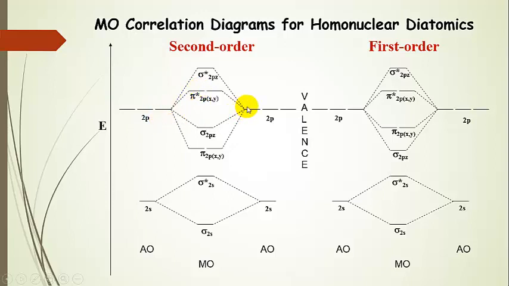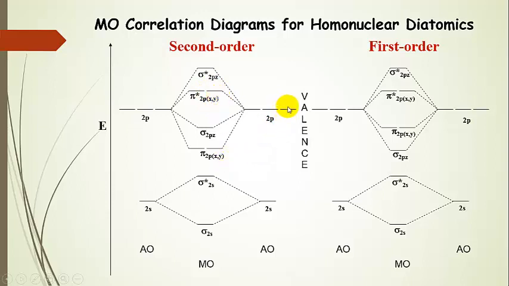So px mixes with px to form a px molecular orbital, a pi 2px. Same thing with pi 2py. So we take the py from each atom, mix those two guys, and we're going to get a pi 2py, and of course the counterpart up here, the antibonding molecular orbital, the pi star 2py.